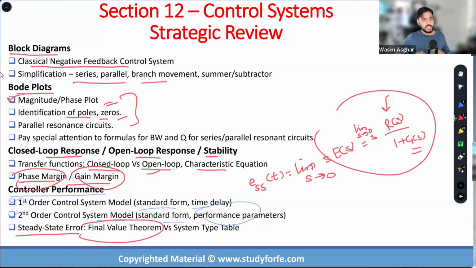Okay. So this is a high level overview of control systems. I want you to pay attention to each and every important piece of this outline. And when you slice and dice it, you recognize that it is not that difficult, totally doable. Control systems is also important because it is not a very, very light topic. It is sort of a medium weightage topic.